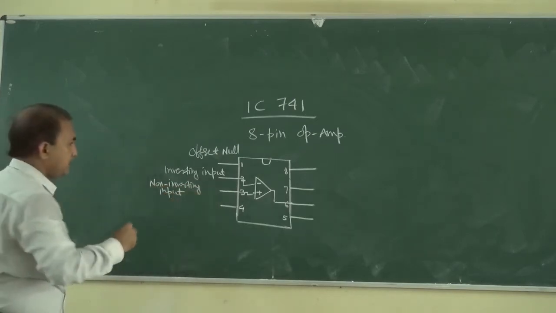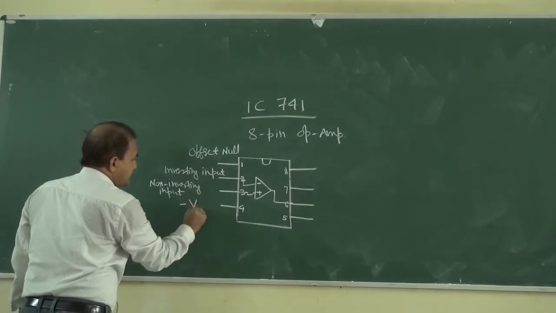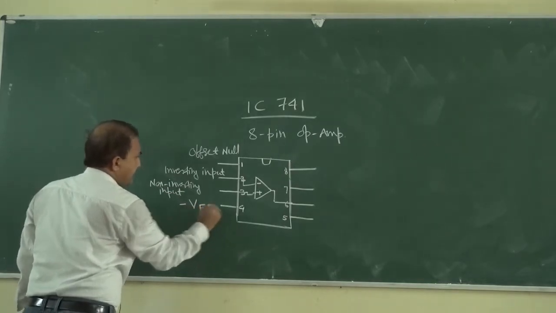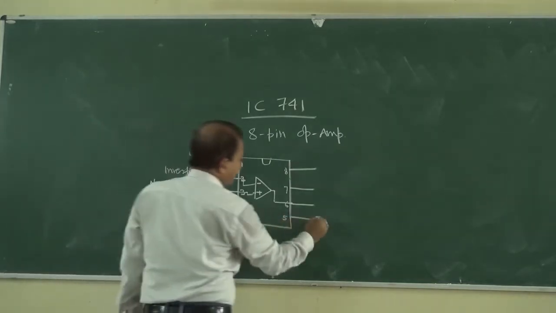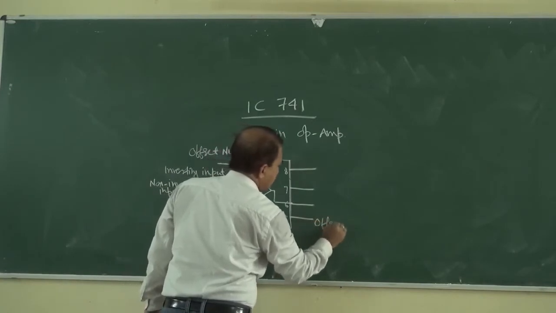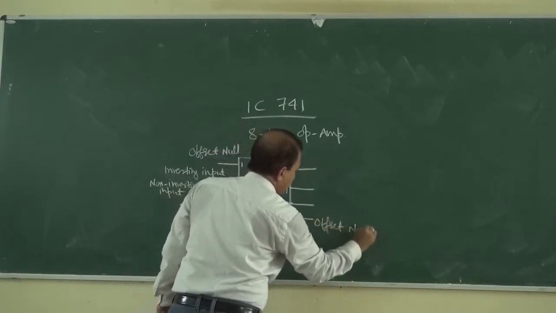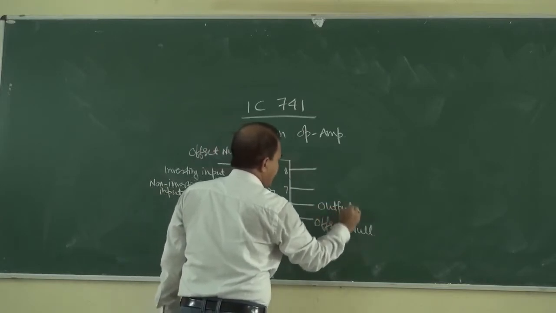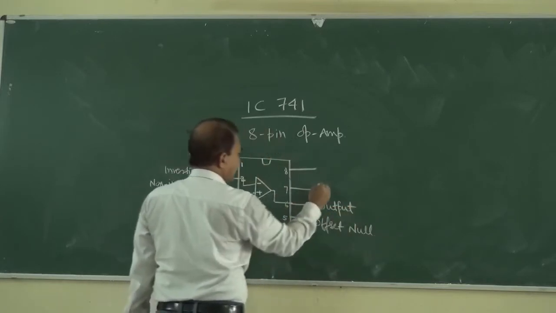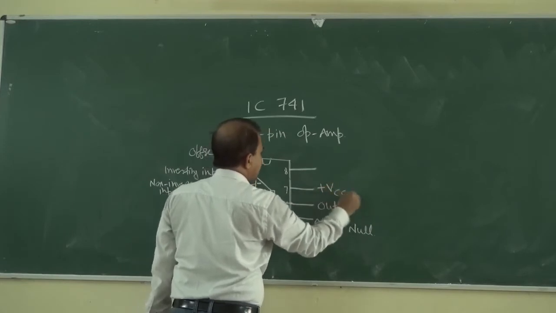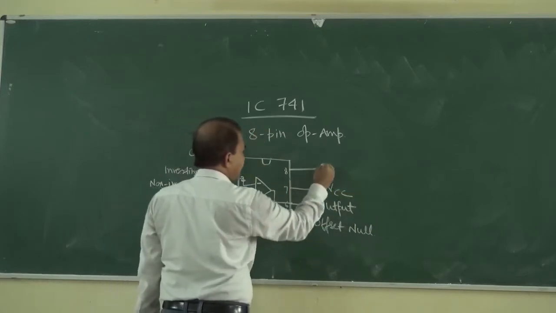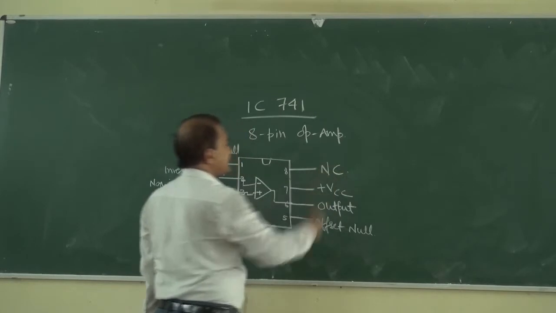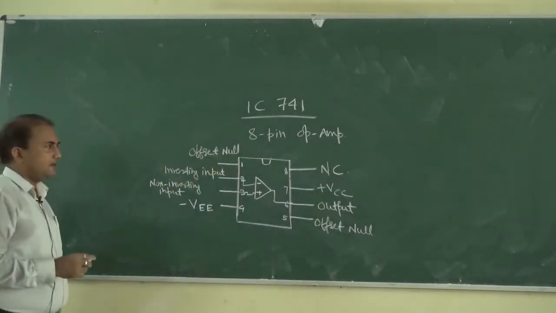Pin number 4, it is minus VEE. Pin number 5, it is offset null. Pin number 6 is output pin. Pin number 7, it is plus VCC, and pin number 8, it is NC, means not connected.